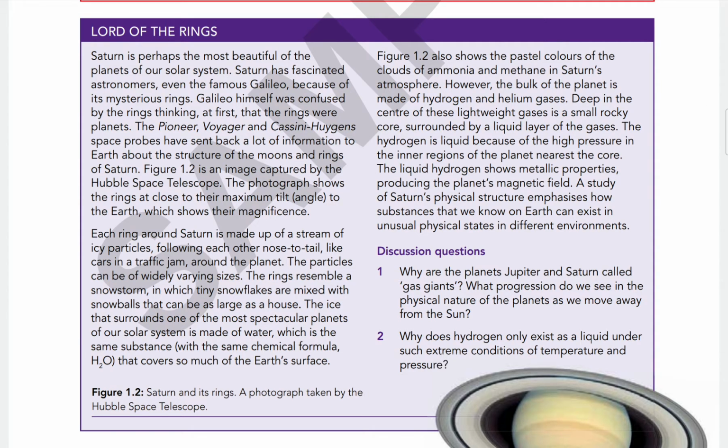Before that, there is an introduction about Saturn. We know that Saturn is a planet which has rings, right? Saturn is perhaps the most beautiful of the planets of our solar system. I know you both are interested in astrophysics, so it will be more interesting to you. That is how physics is related to chemistry.